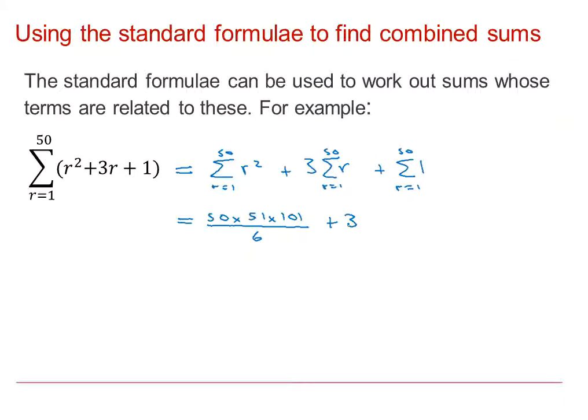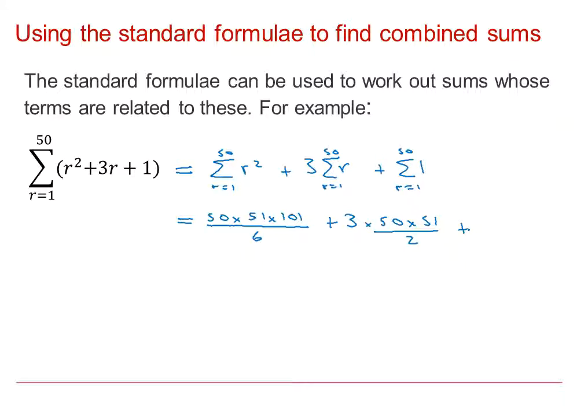And now we've got the sum of r from 1 to 50. Remember, the formula was n times n plus 1 over 2. So that will be 50 times 51 over 2. And lastly, we've got the sum of a term called 1 from r equals 1 to 50.